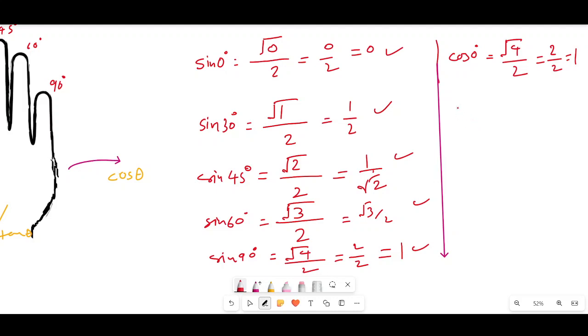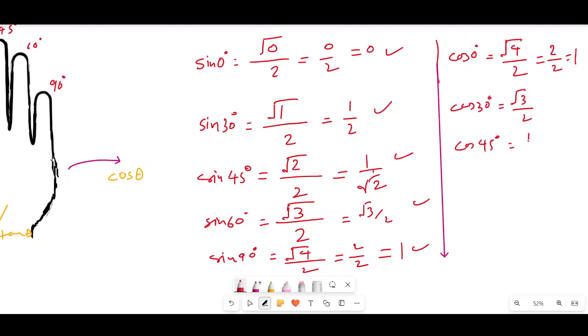Clear? Now cos 30, what will be the value of cos 30? If there are 4 remaining, then here 3, then root 3 by 2. Clear? What is the value of cos 45?